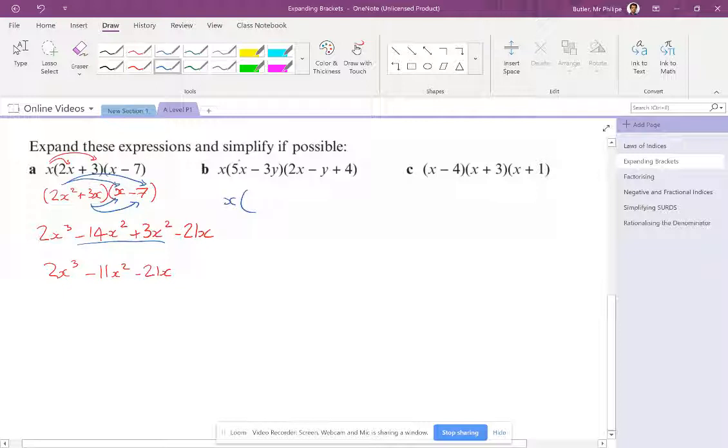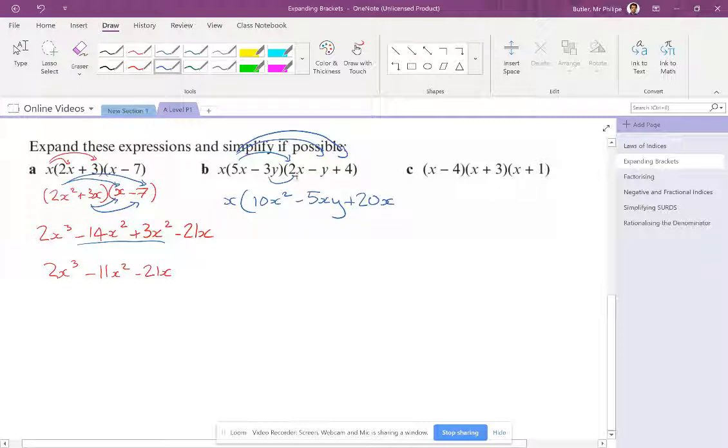So 5x times 2x is 10x squared. 5x times minus y is minus 5xy. 5x times 4 is plus 20x.